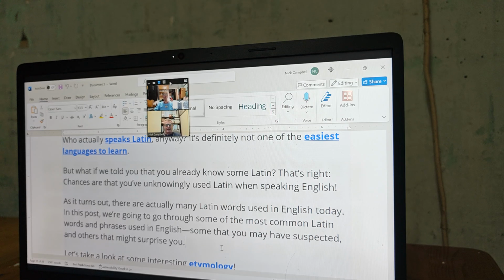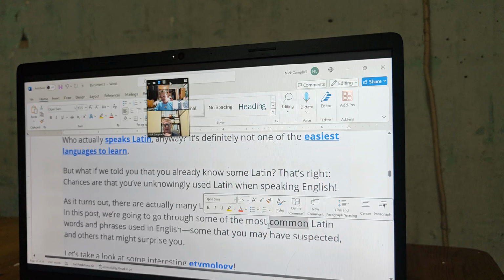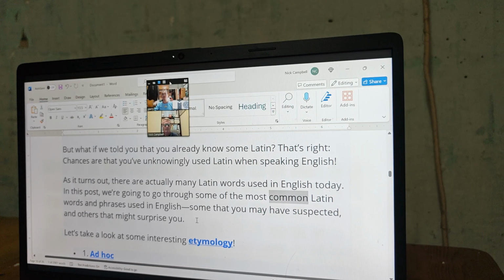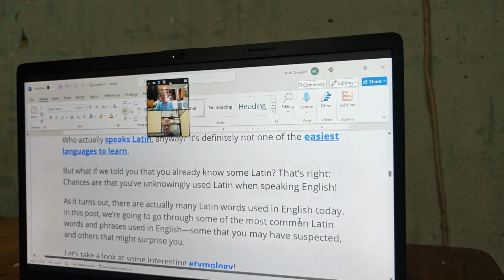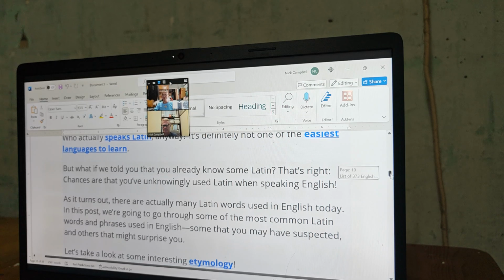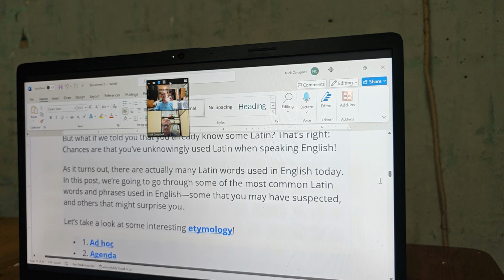Okay, sorry. So as it turns out, there are actually many Latin words used in English today. We're going to go through some of the most common. This one here, Latin. In this post, we're going to go through some of the most common Latin words and phrases used in English.